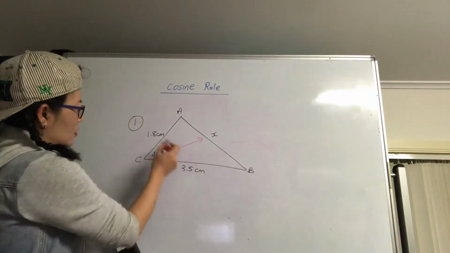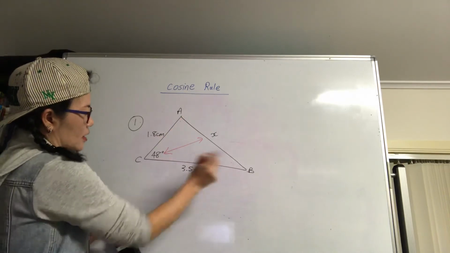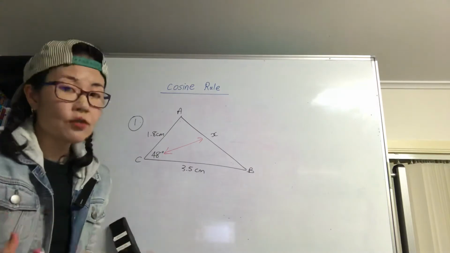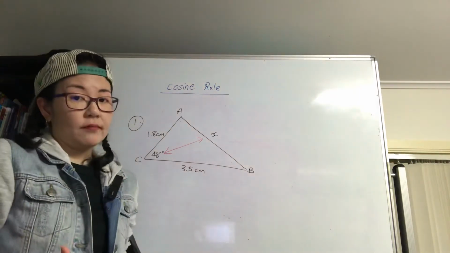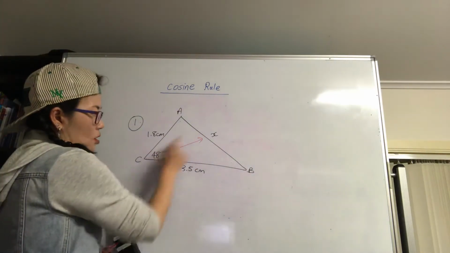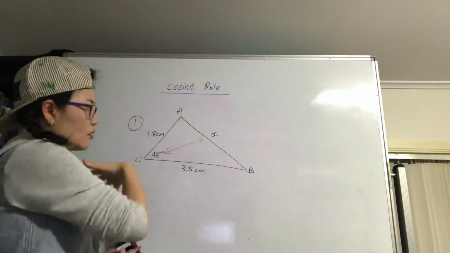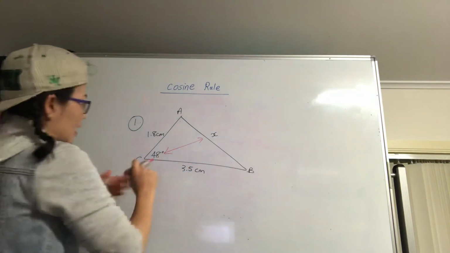I don't have this here, I don't have this here, and there's no way I can find any of these angles. So I cannot use the sine rule. Therefore, I have to use the cosine rule. It's still good to know that my 48 is opposite to x, because that is my main angle, cos 48.